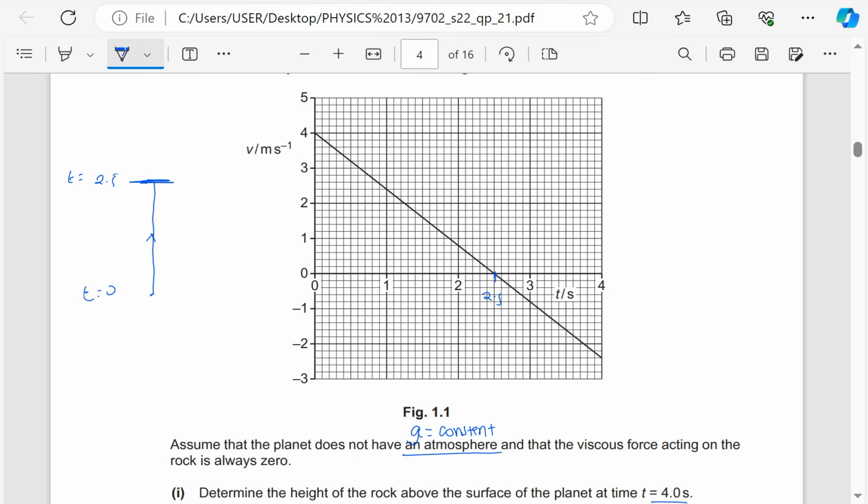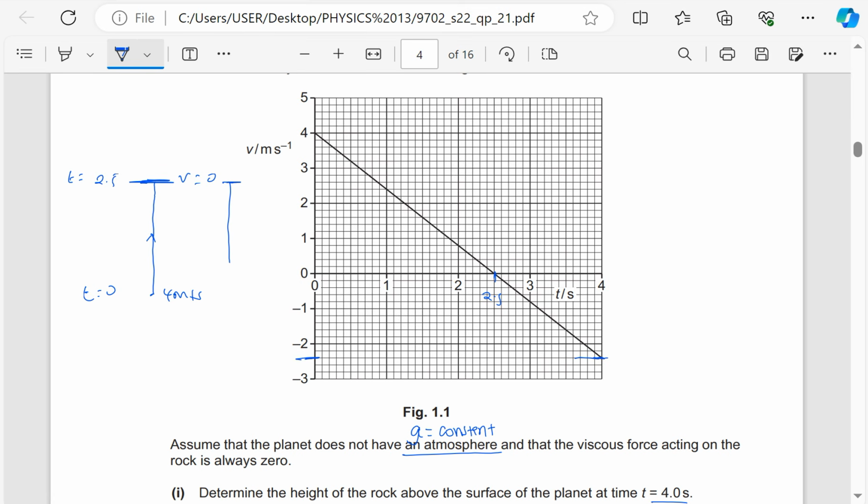So here velocity is 0, and here velocity was 4 meters per second. Then after 2.5 seconds, there is a change in direction, so it is falling downwards.